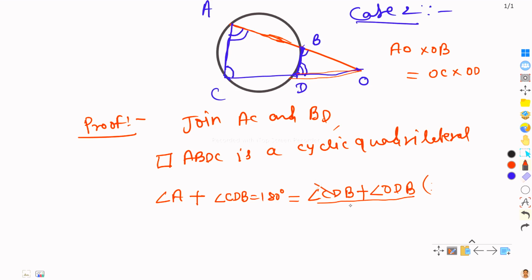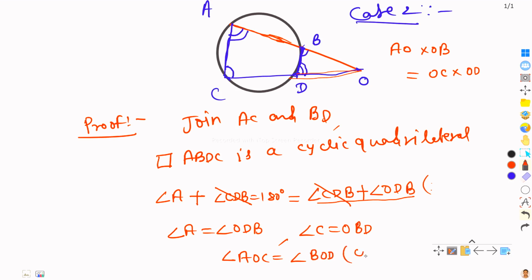Therefore CDB cancels, and angle A equals angle ODB. Similarly angle C equals angle OBD, and angle AOC equals angle BOD, because this angle is common.